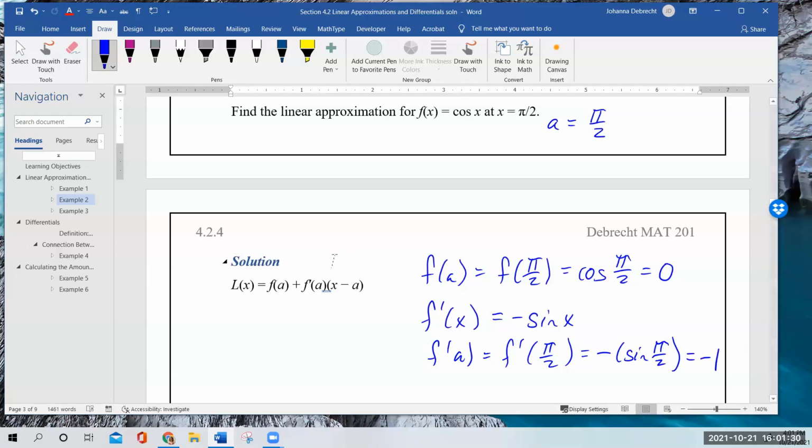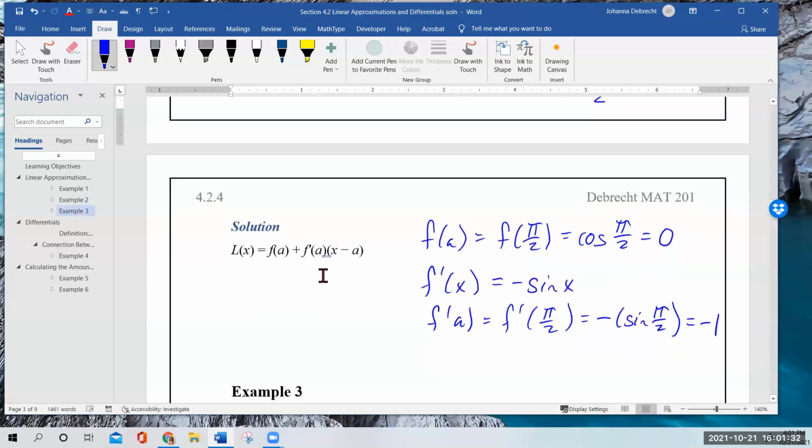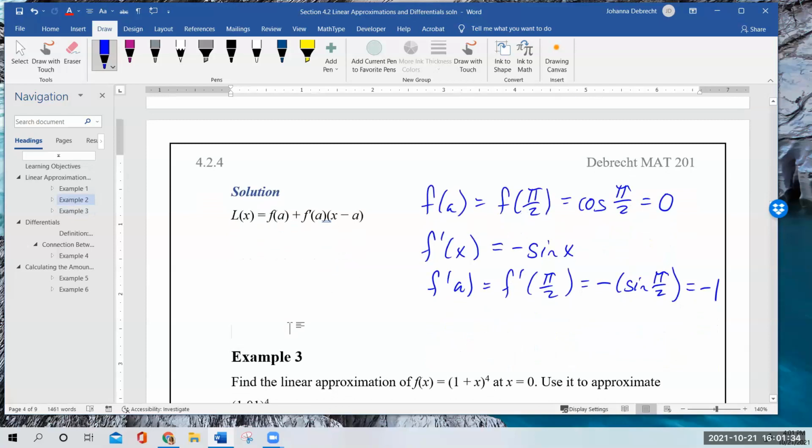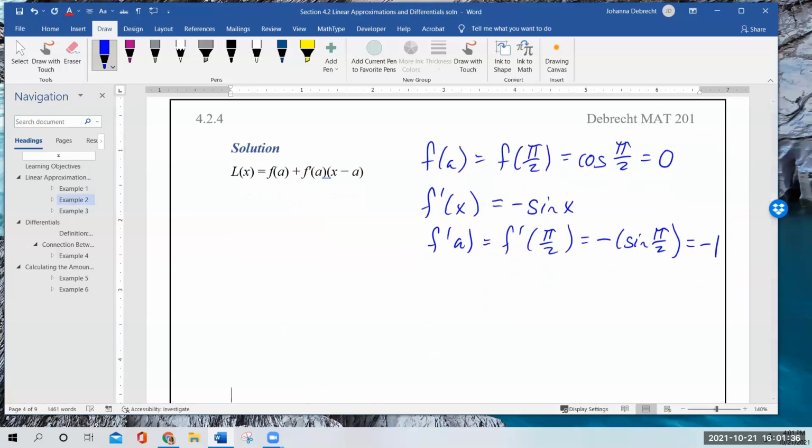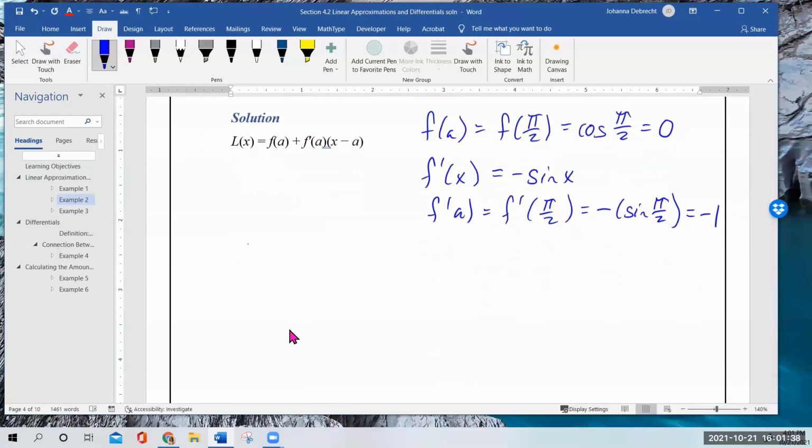Plugging these pieces into the linear approximation function leads to the following expression. I get L of x equal to 0 minus 1 times x minus pi over 2, since pi over 2 was the value of a.